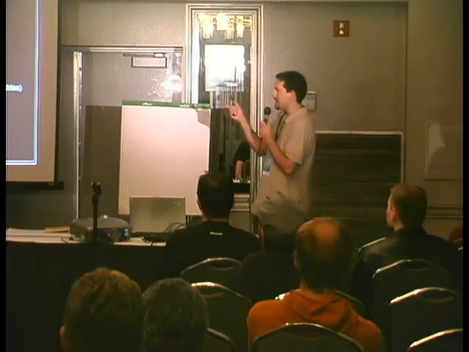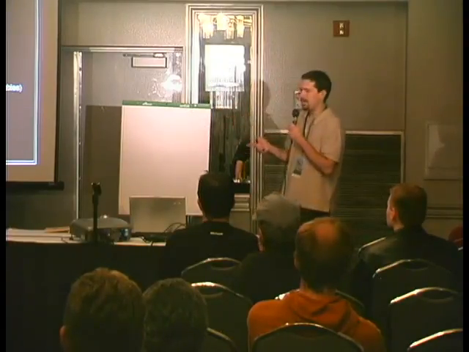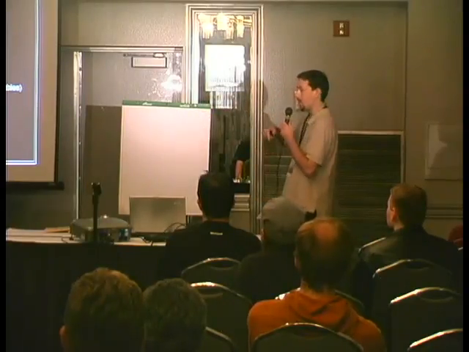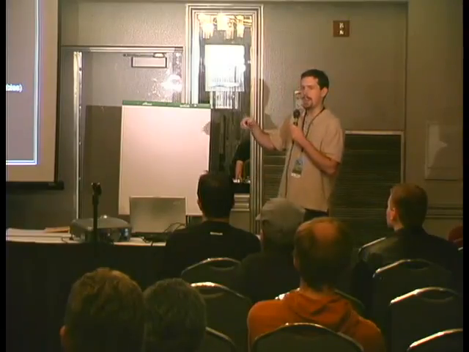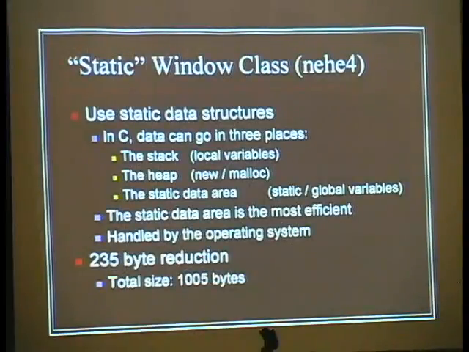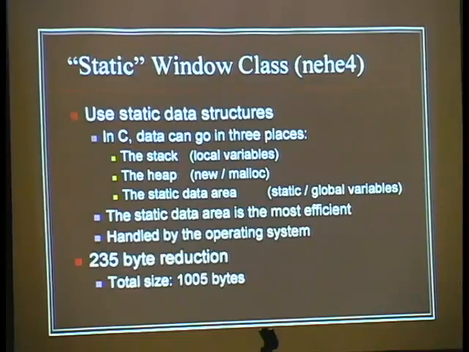There's another place called the static data area. This is where variables that are declared with the static keyword go. Global variables go there too. And this is great because it's actually allocated by the operating system when it loads your program. So there's absolutely no code involved. So if you can get away with it, declare all your variables with the static keyword. It makes your code smaller. Well, experiment.